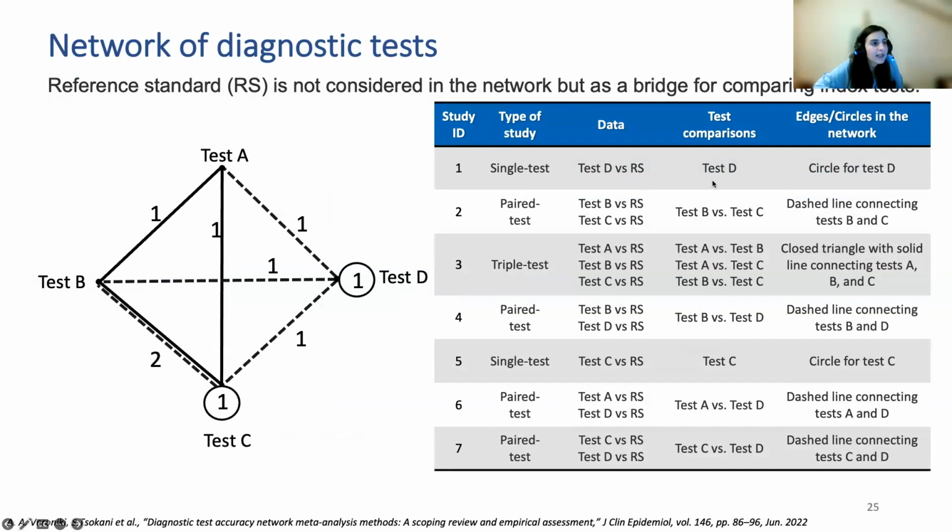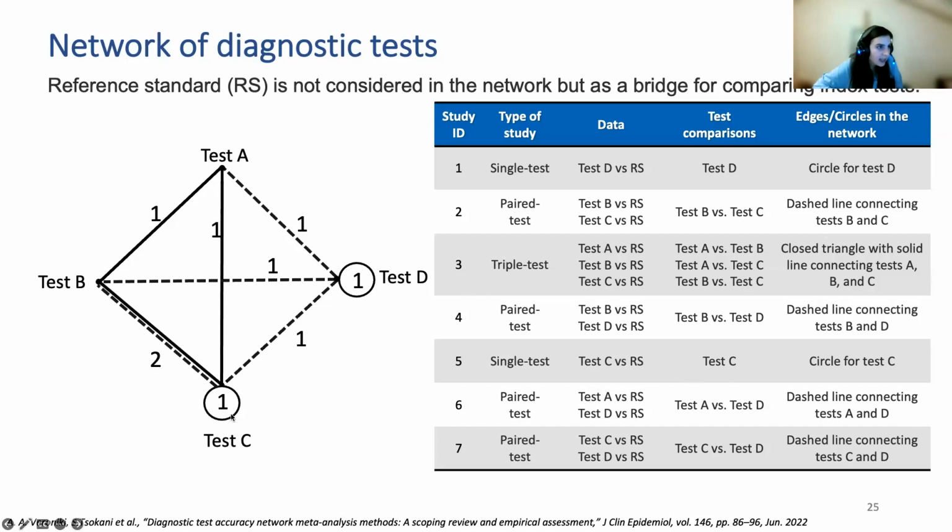So we denote that in the network with a circle, and the circle tells us that there is one single test study evaluating test D. For example, the fifth study evaluates test C. And this is a single test study and is denoted again with that circle in the network.